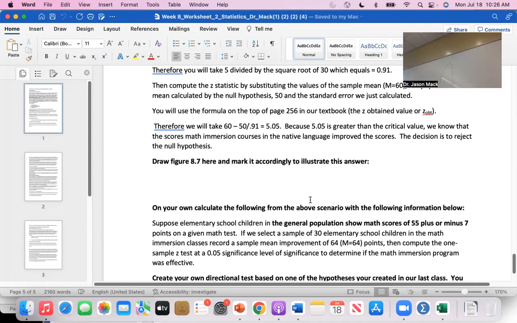Then we're going to compute the test, the z statistic. So bring this down here. Then we need to look at our numbers here.